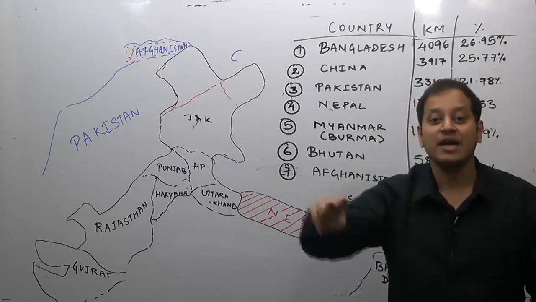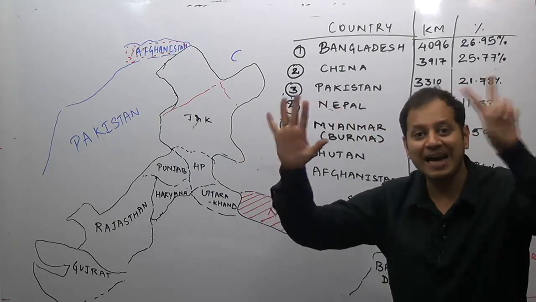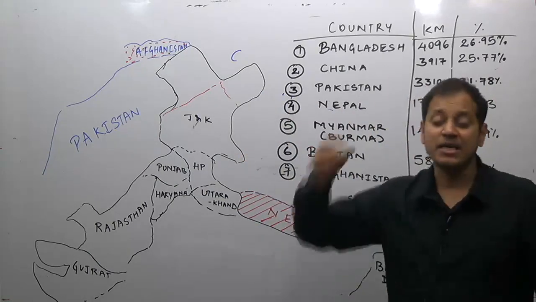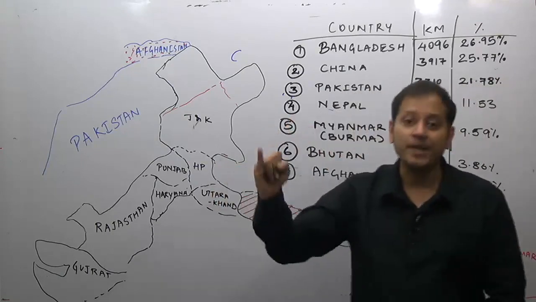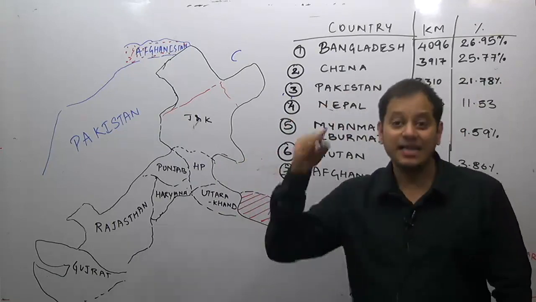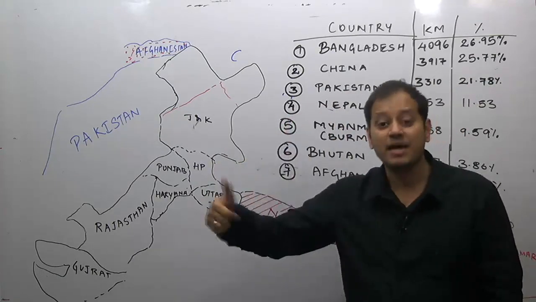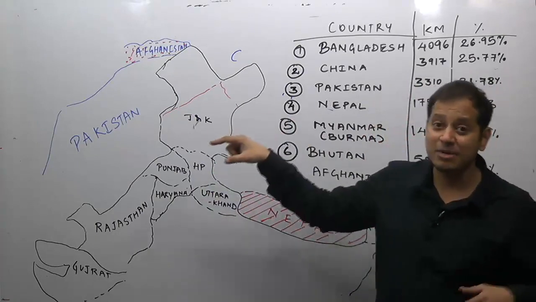After that China, Pakistan, Nepal, Myanmar, Bhutan and Afghanistan. Again repeat with me, the largest land boundary is with Bangladesh, B, then C, China, then P, Pakistan, then N, Nepal, then Myanmar, then Bhutan, Afghanistan. Obviously remember first Bangladesh, last Afghanistan.